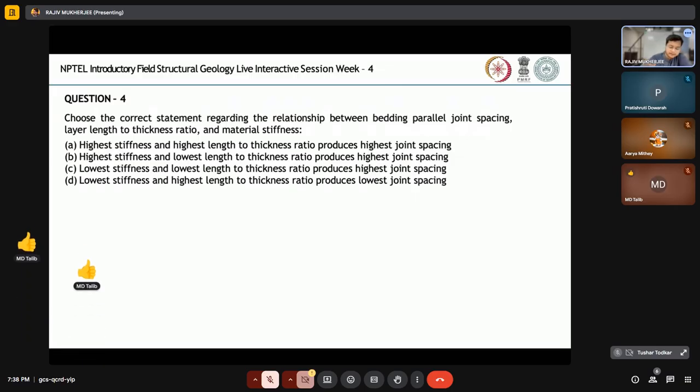So for joint planes, spacing between different joints, there are some set of joint planes, then one plane to another.